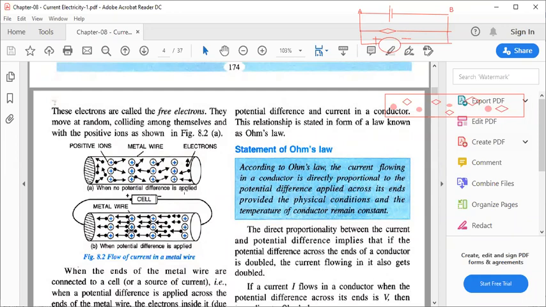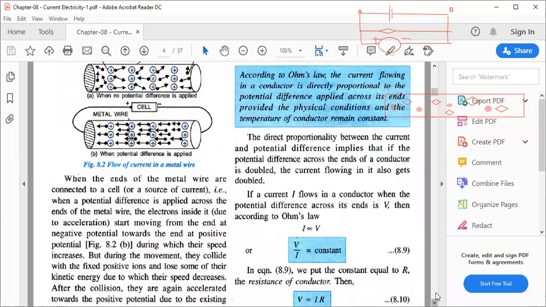Now, if you are connecting the ends, look, here it is connected. When the ends of the metal wire are connected to the cell, did you see the arrow? Where is the arrow flowing from? Actually the flow of electrons is from negative to positive, so the arrow is in this direction. But by convention, what do we call the current direction?